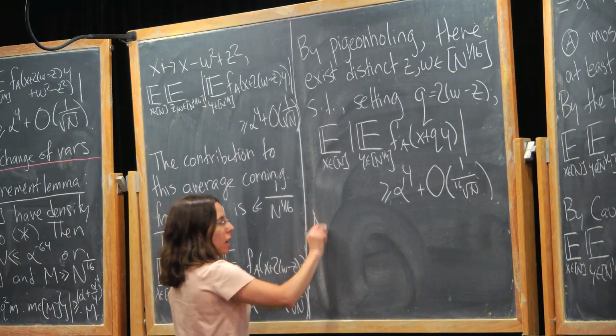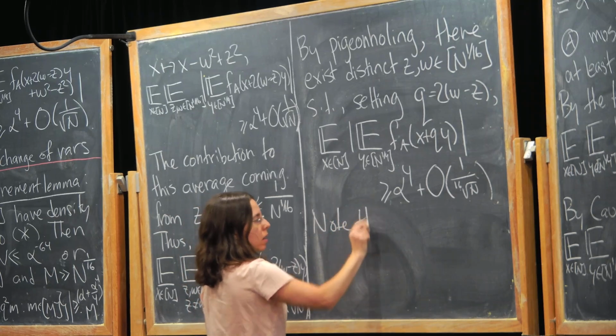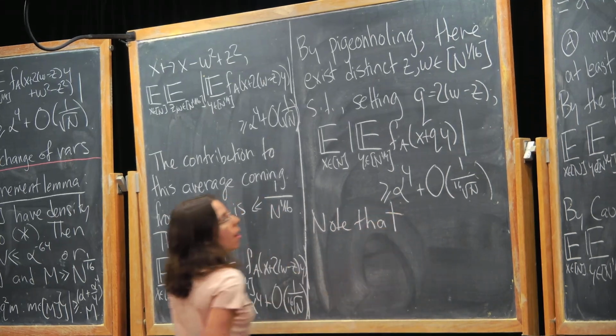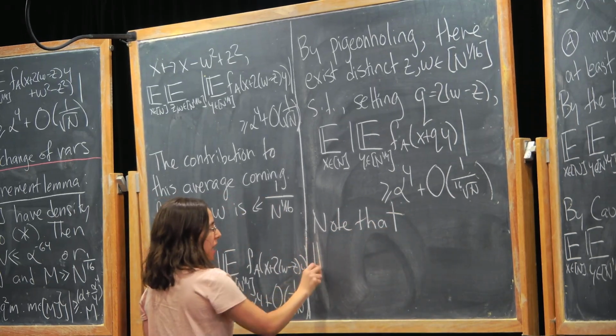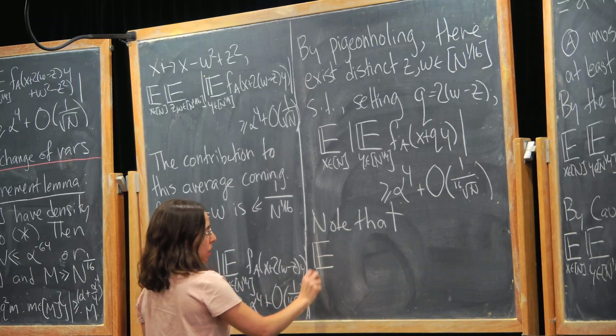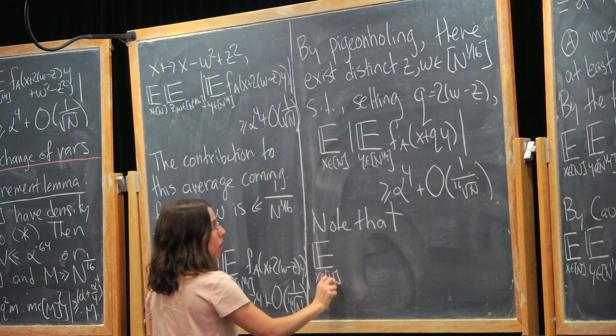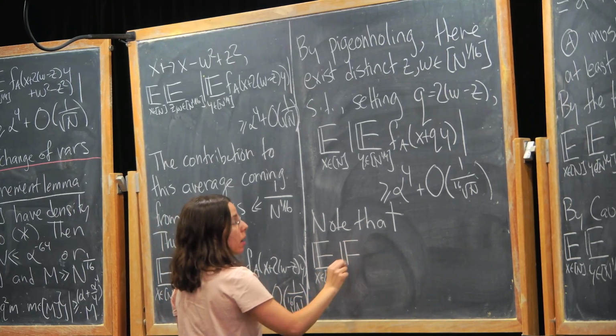Okay, so we now note: if we take the same average without the absolute value, what do we get?